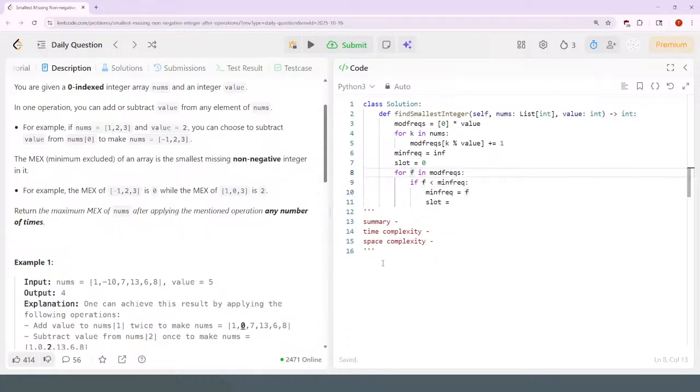For every index in range of value, frequency is mod frequencies of this index. If this frequency is smaller than min frequency, then min frequency equals this frequency. And I think actually maybe the slot is the answer.